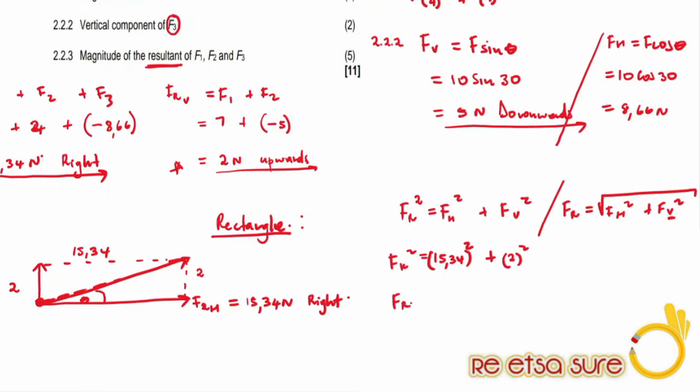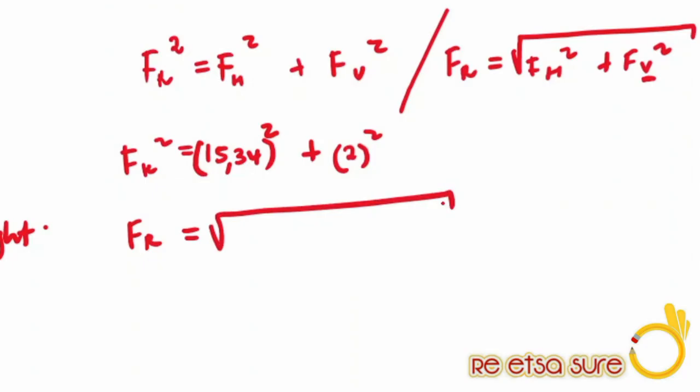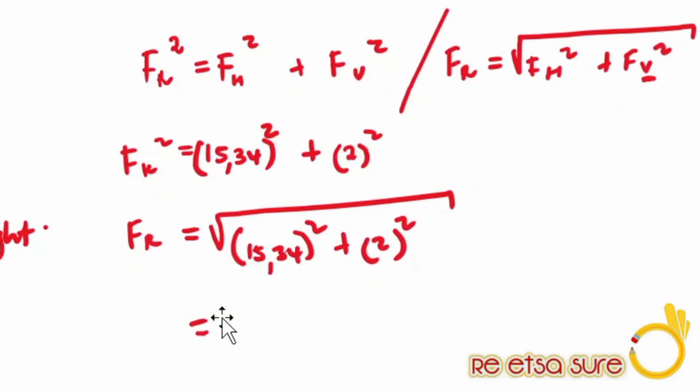So now let us make FR the subject of the formula. I'm just going to put everything on the calculator. 15,34 squared plus 2 squared. Please press your calculator and give me the answer. And then please don't forget to put the SI unit.